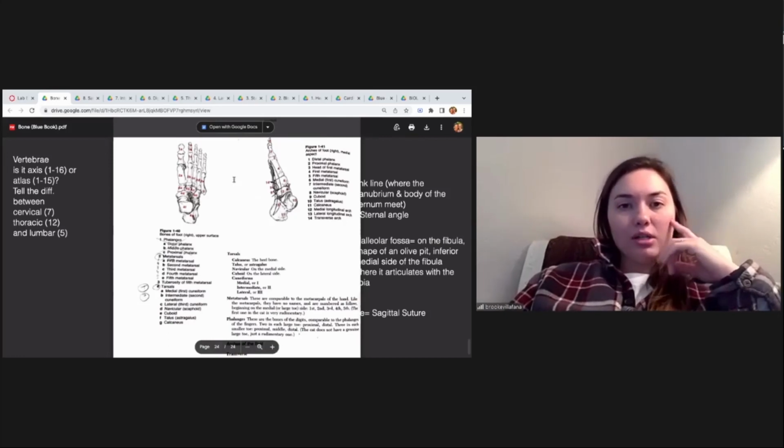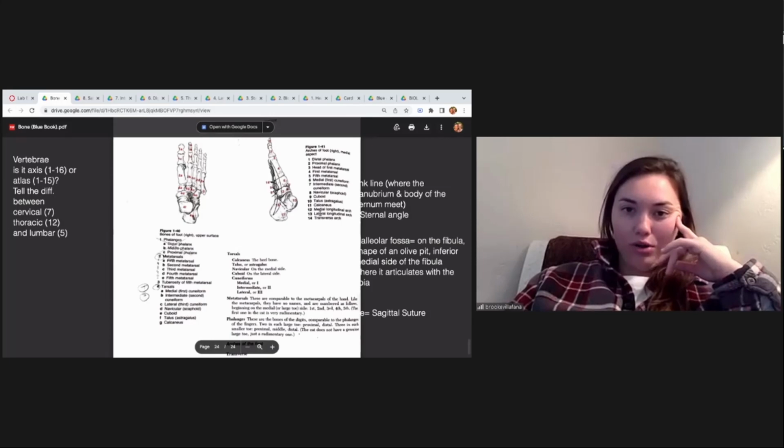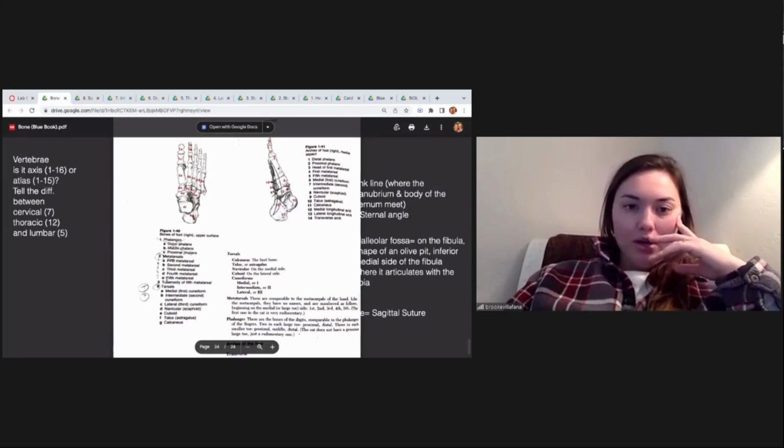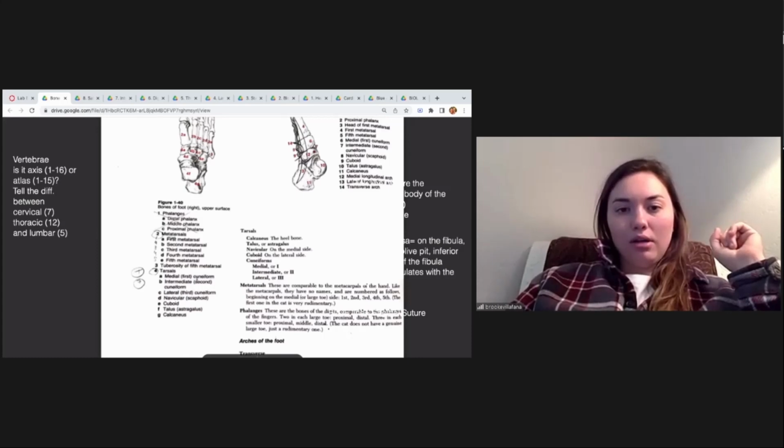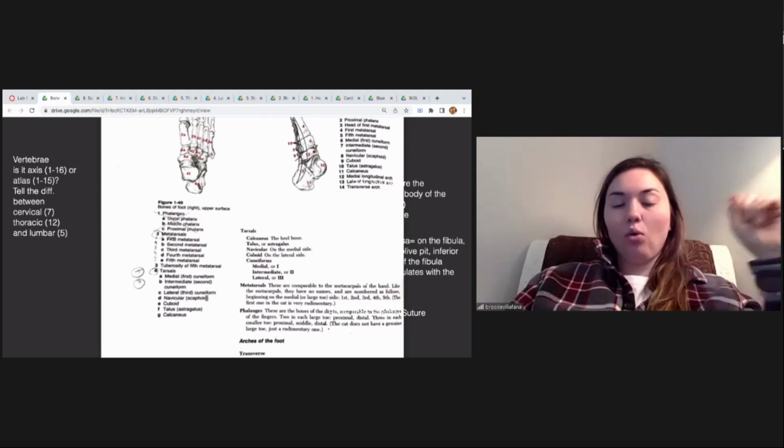So the foot, the thing that we will test you on, not these arches, that won't be on the test. The tarsals should be the main thing you're tested on. Cuneiform, medial, intermediate, and lateral, navicular or scaphoid.